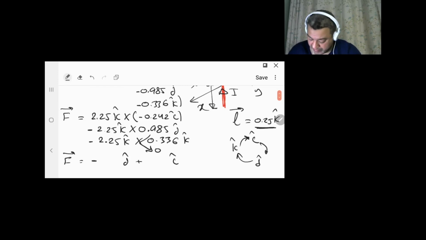2.25 times 0.242 is 0.544, and 2.25 times 0.985 equals 2.21.